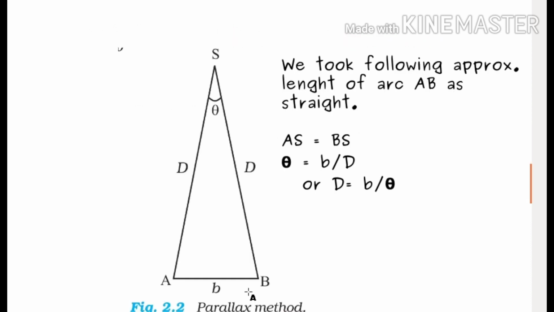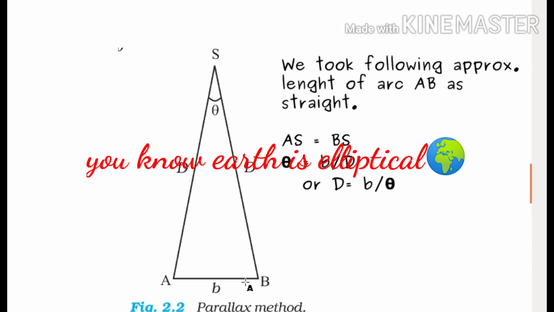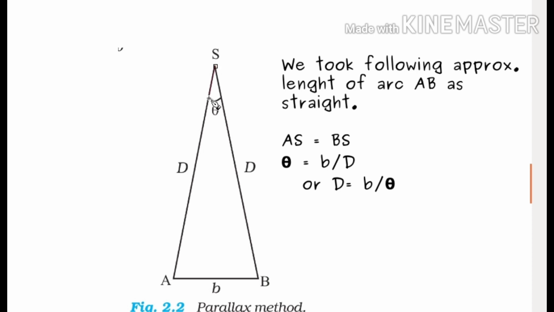Okay, so let us see how we'll make our calculation of this distance. We are observing this star, or this object, from position A and from position B. Suppose this is situated on the earth. Now what will happen? Earth is a bit spherical. So look here carefully.